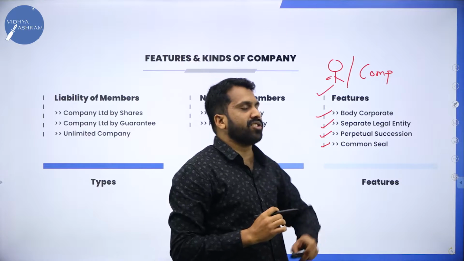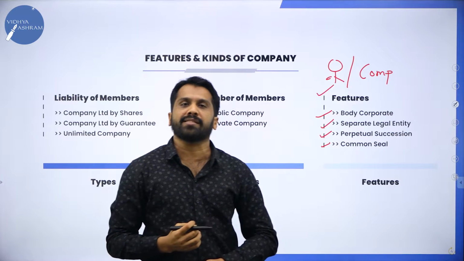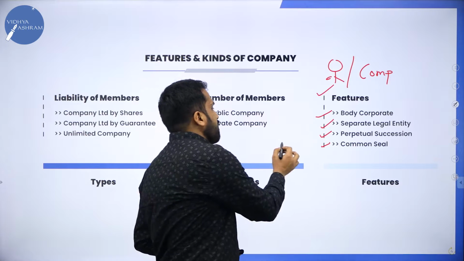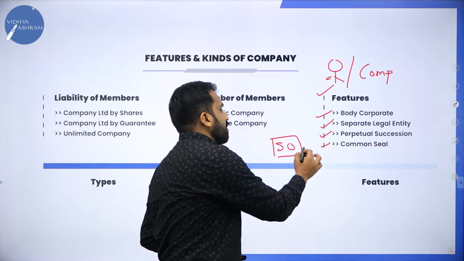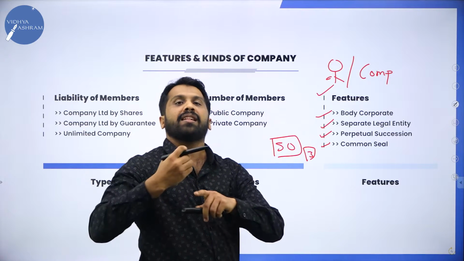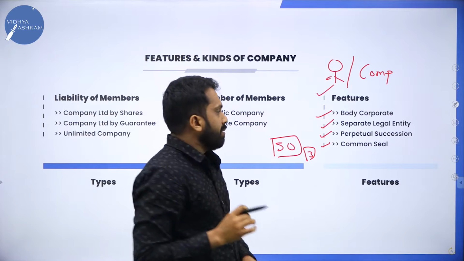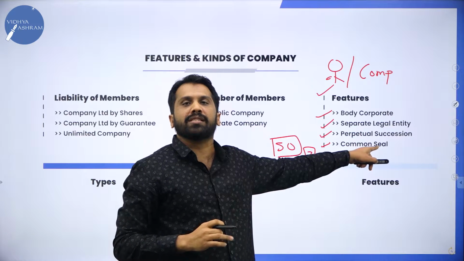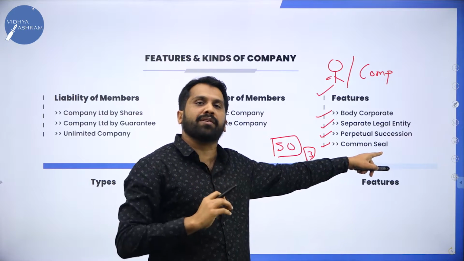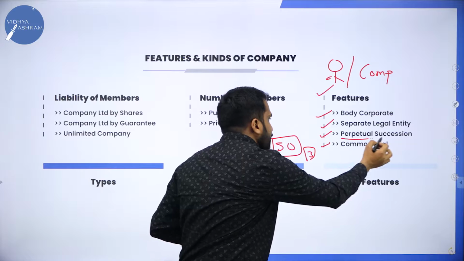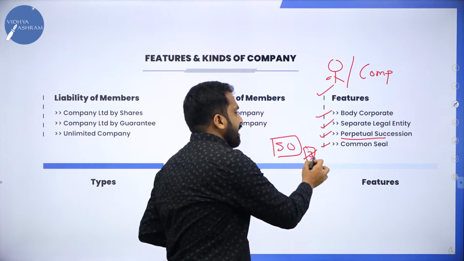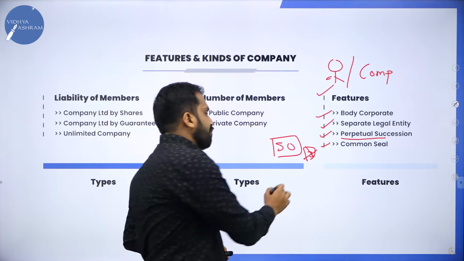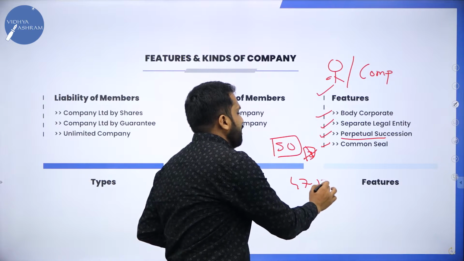Perpetual succession, easy concept. So, if there are 50 members in company, out of which 3 members expired or left the company. Will the company close? Answer is no. Why? Because it is a perpetual succession, means out of 50, 3 expired means balance 47 and new will be added.